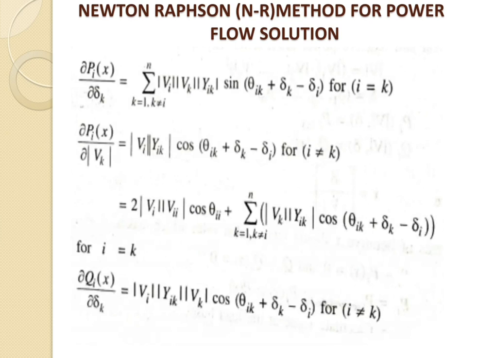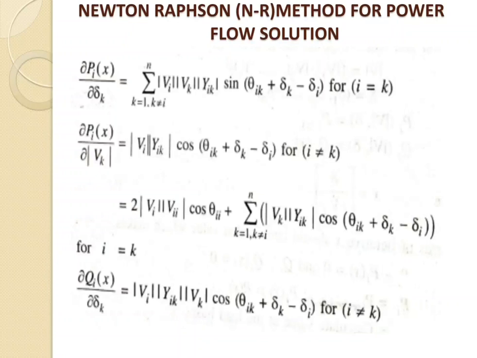So that is written as del Pi of x divided by del Vk equal to Vi Yik cos of theta ik plus delta k minus delta i for i not equal to k, and for i equal to k, we will write 2 Vi Yii cos theta ii plus the summation of k equal to 1 to n, k not equal to i, Vk Yik cos of theta ik plus delta k minus delta i. So this is the equation for the active power for i equal to k and i not equal to k.